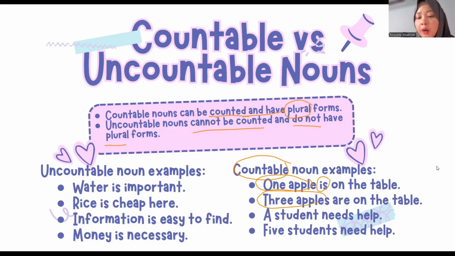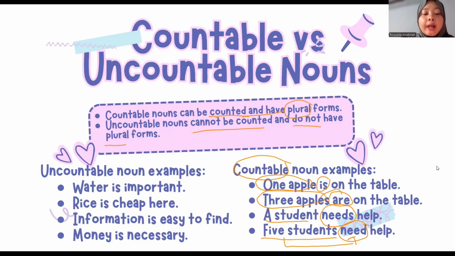Three apples are plural, so we use are in the sentence. A student needs help. A student is singular, so we add an s to the verb. Five students need help. Five students is plural, so we don't need to add an s to this verb.